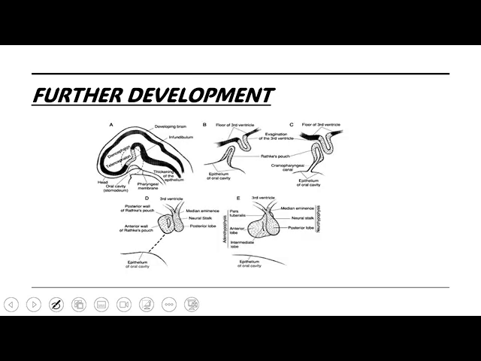Next, we see what other development occurs. Here we can see this portion of the diencephalon or third ventricle, and the oral cavity, that is stomodium, giving rise to the pituitary gland.